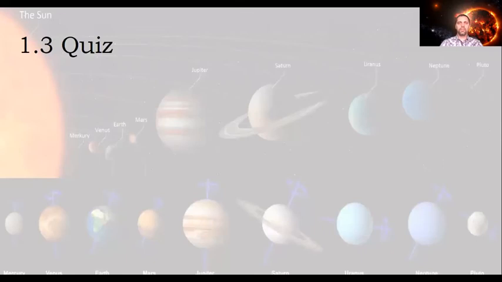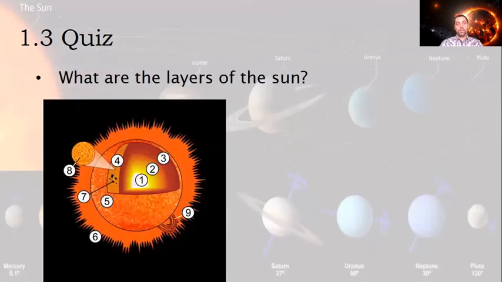This part of the video is over, so with a short quiz, we will check your knowledge. The first question is, what are the layers of the sun? From inside to outside, check them. Number one is the core.